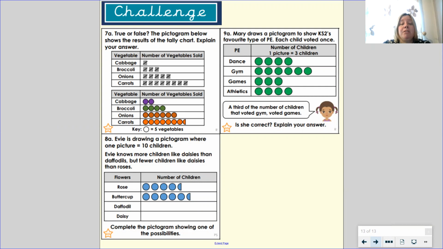Complete the pictogram showing one of the possibilities. Finally, question 9. Mary draws a pictogram to show Key Stage 2's favourite type of PE. Each child voted once. Mary says a third of the number of children that voted gym voted games. Is she correct? Explain your answers.